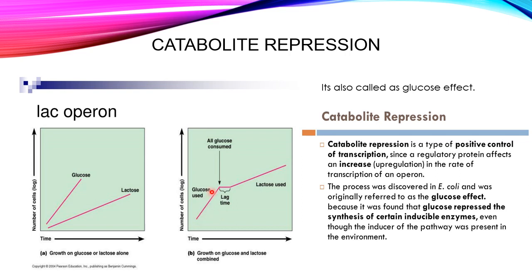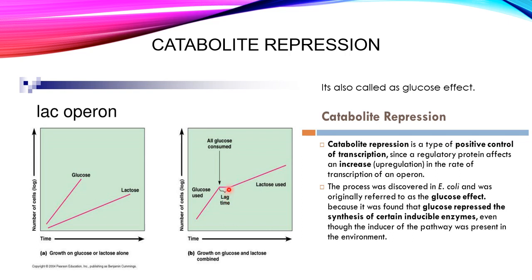Therefore, once the entire glucose is utilized, then in this lag time, where there is no glucose left, the cells are synthesizing the enzymes required for the lactose utilization in E. coli. The two enzymes which we know, lactose permease and beta galactosidase, are synthesized in this lag time.